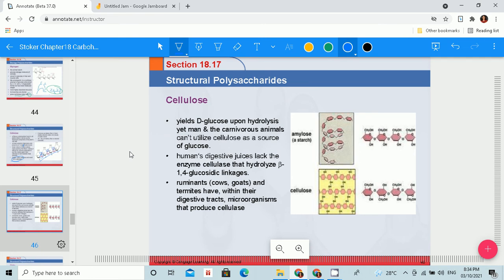Unlike cows, goats, and termites, they have within their digestive tracts a cellulase, and they have microorganisms that produce cellulase. So that's why when we eat okra, especially the seeds, they are not digested. It's because our body doesn't have cellulase.